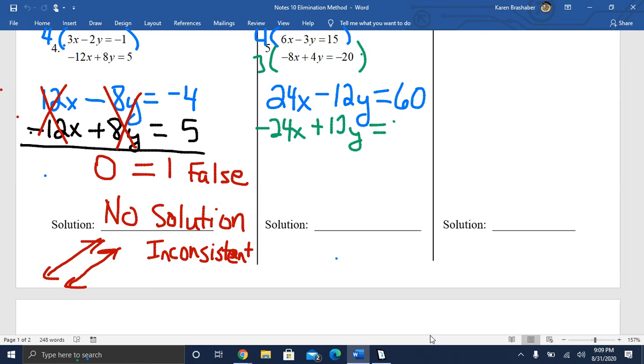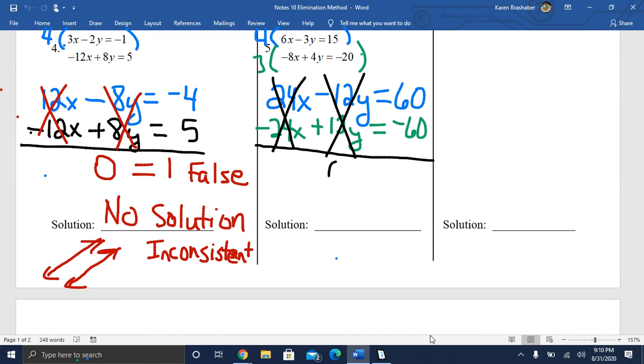And 3 times negative 20, that's negative 60. So now I add my two equations. Remember, I was trying to get the y's to eliminate. 12y and negative 12y, that eliminates. But my x's also eliminate. I have 24x and negative 24x.